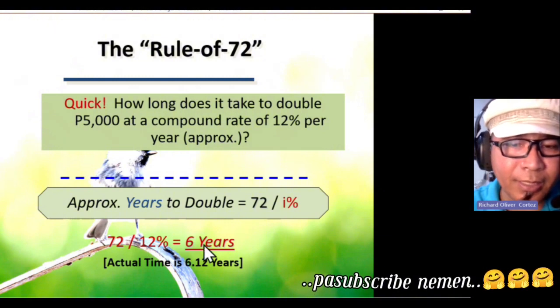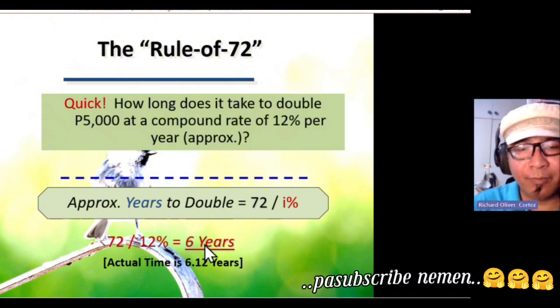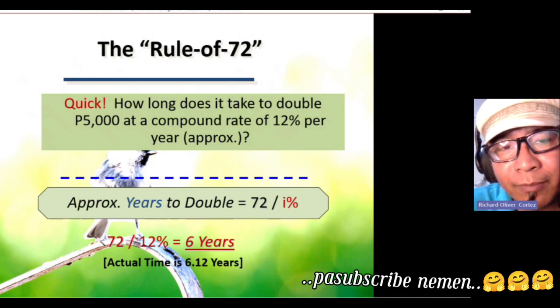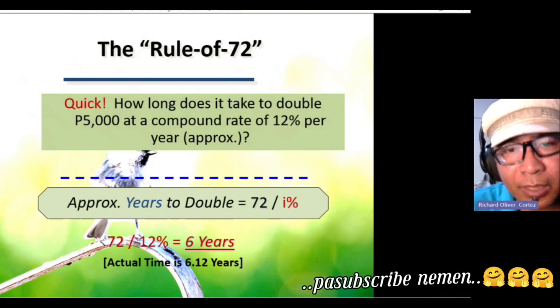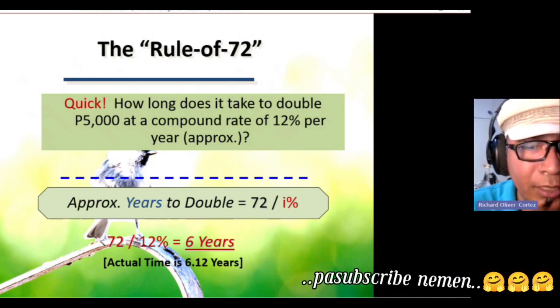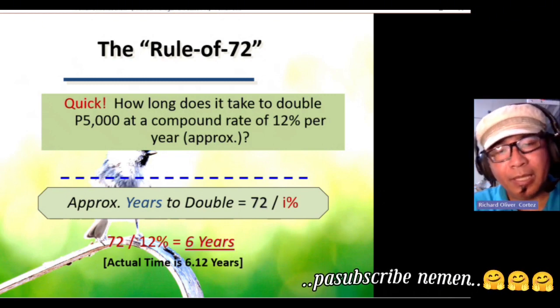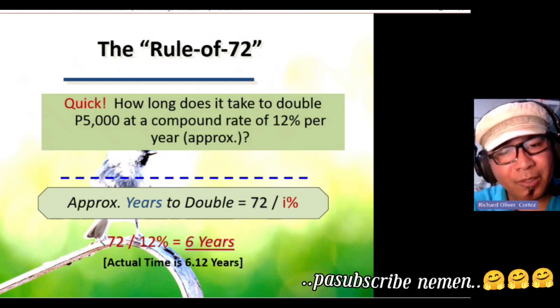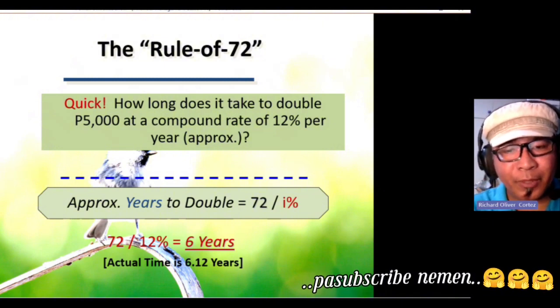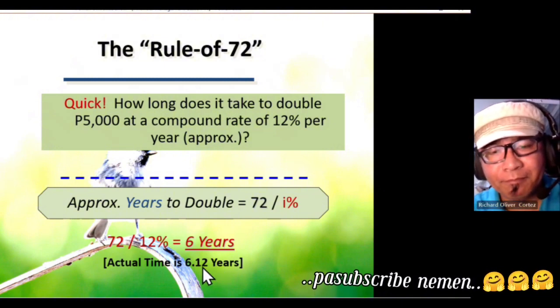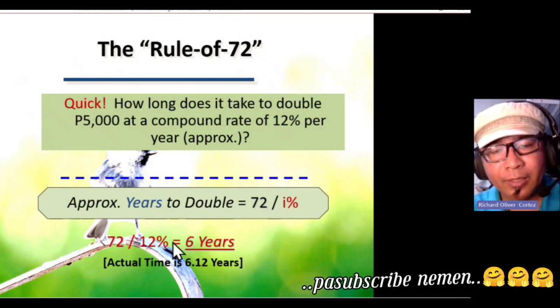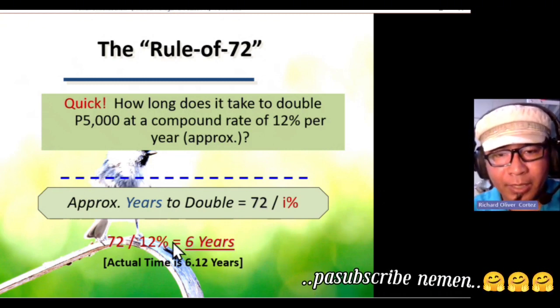So you simply divide 72 by 12%. So ang sagot yan is 6. So ibig sabihin yan, if you want to double the 5,000, bago siya maging 10,000, it will count like 6 years ang iyong paghihintay bago siya ma-double. So actual time actually 6.12. Okay, but using very quickly 72 by 12%, 6 years na.